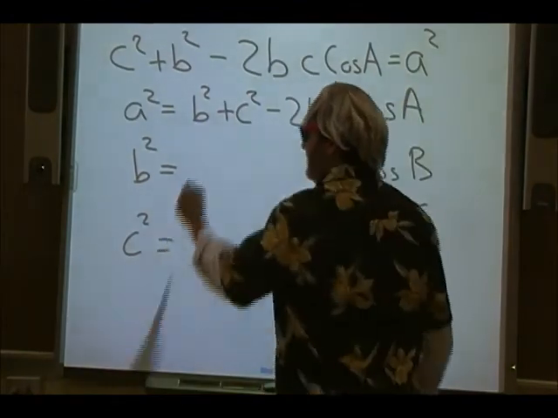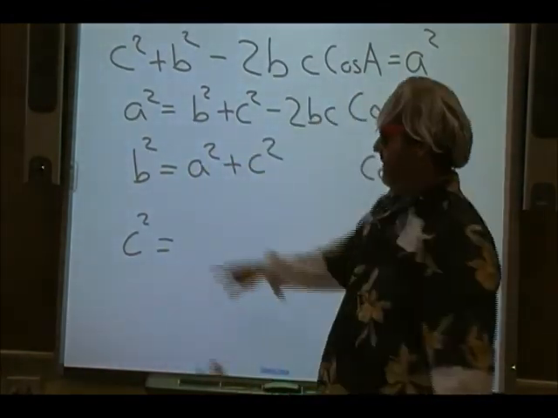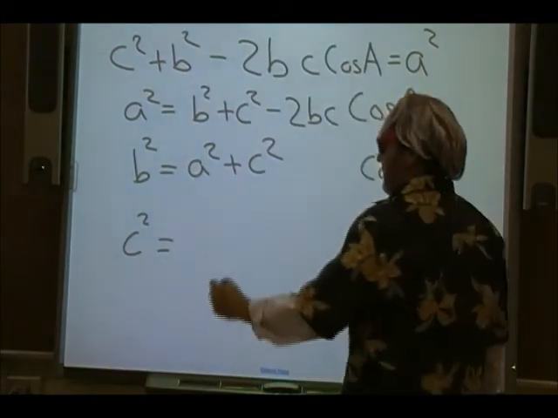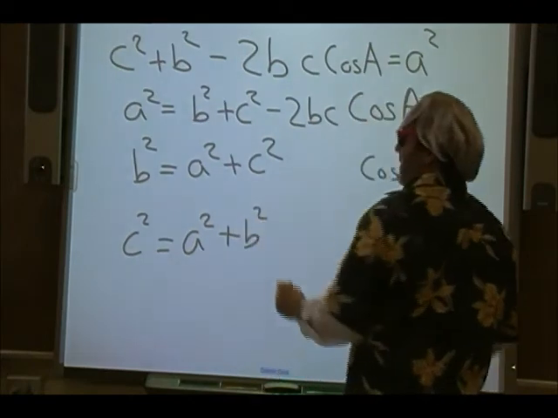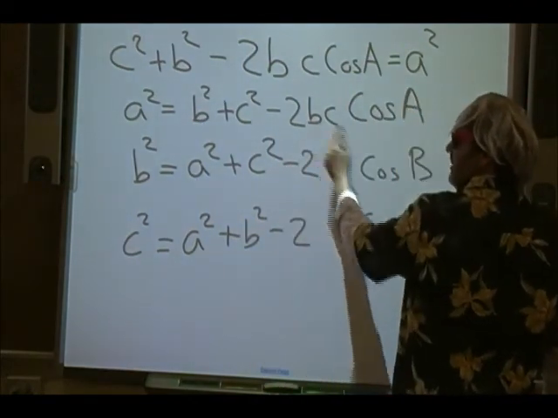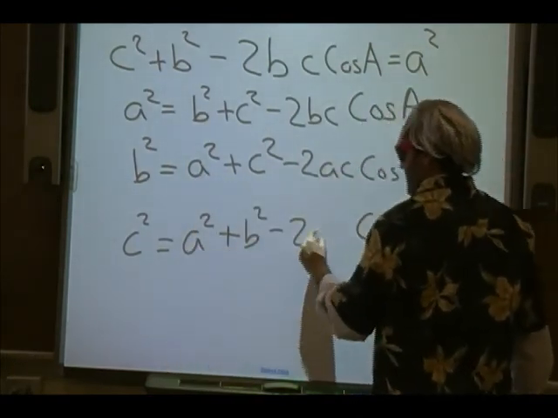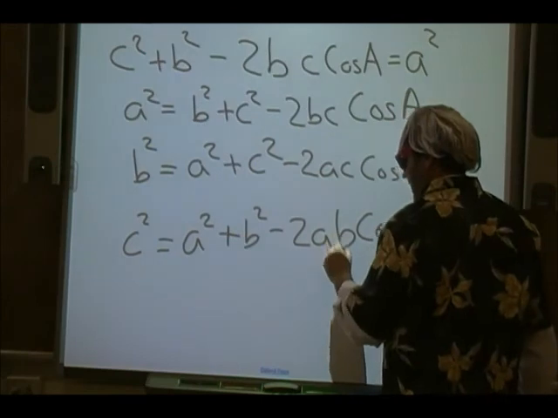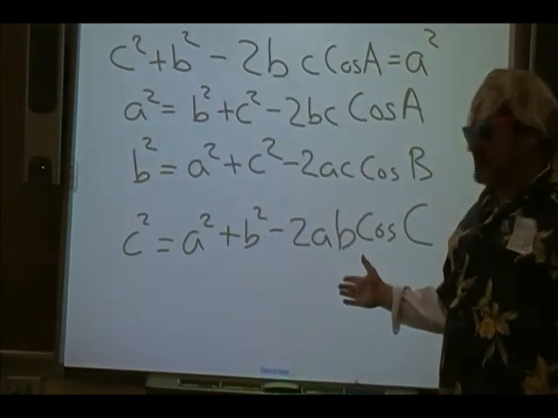So if you already use b squared, you're left with a squared plus c squared. And if you already use c squared, you're left with a squared plus b squared. Then they all have a minus 2. And then whatever letters you have, AC goes AC, AB, you put AB. That is the law of cosines.